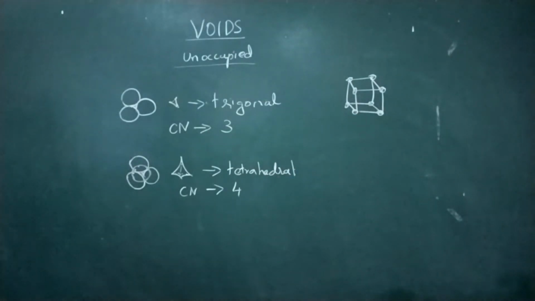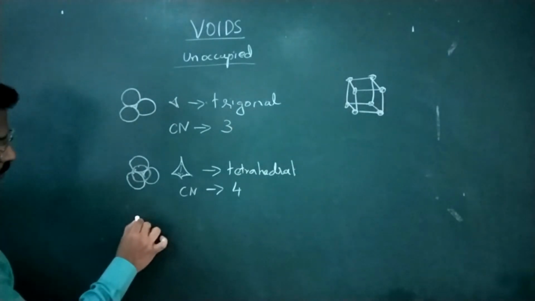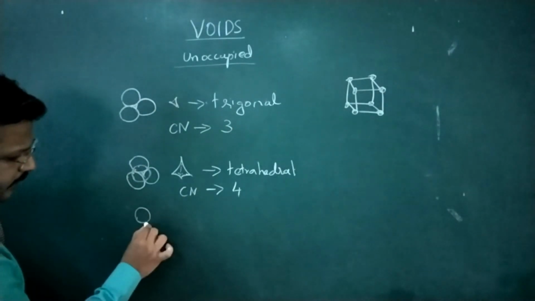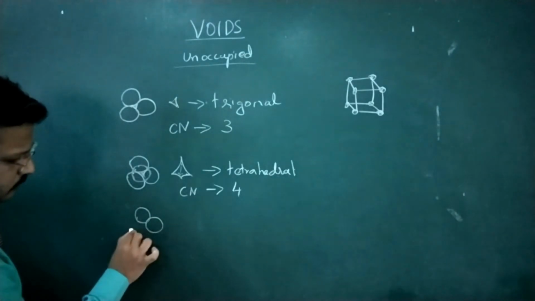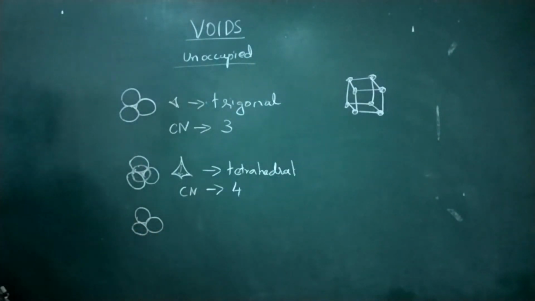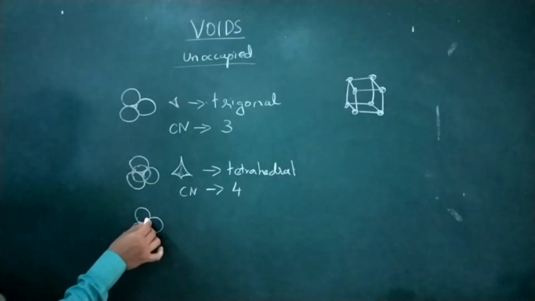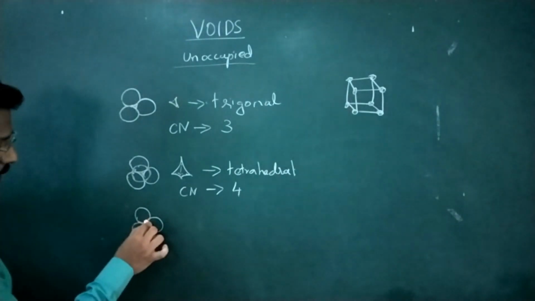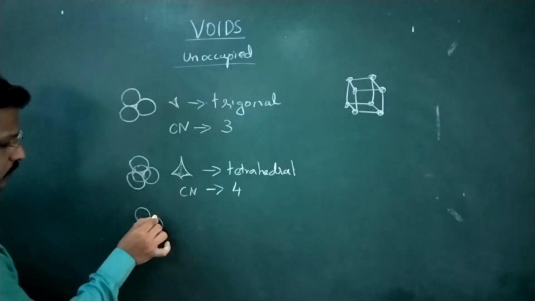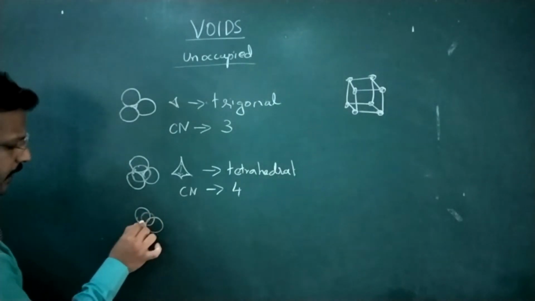In addition to this, we have 2 more voids. This is a trigonal void, and when a trigonal void is placed over a trigonal void, we have 6 atoms. This is the second layer.